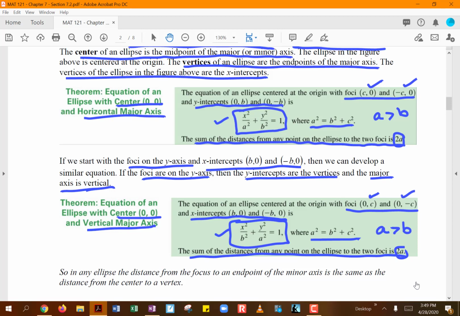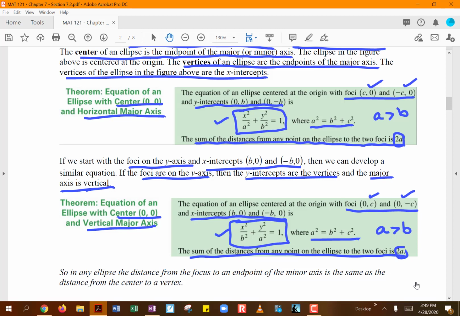So what happens here is that when it's a horizontal major axis, where your foci fall on the x-axis itself, a squared is going to be the larger value and it's going to be underneath x squared. When you have a vertical major axis where the foci are on the y-axis, then in this case, a squared will still be the larger number, but this time it's going to be under y squared.